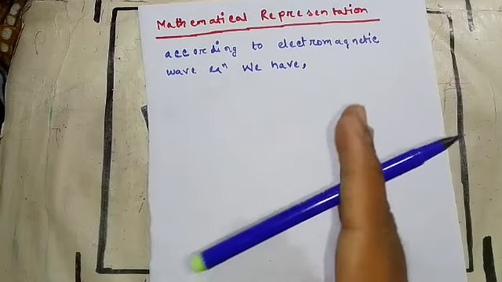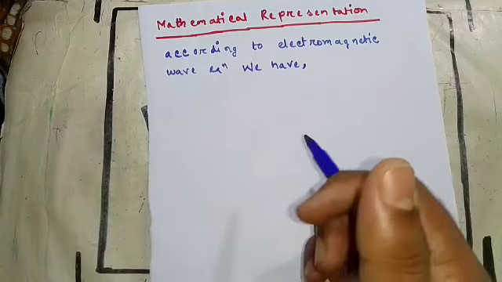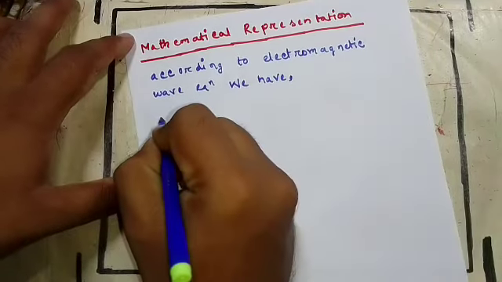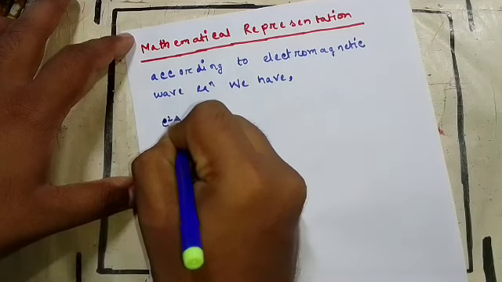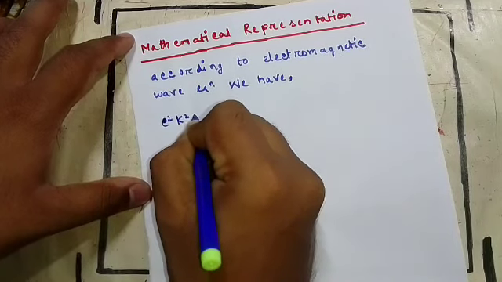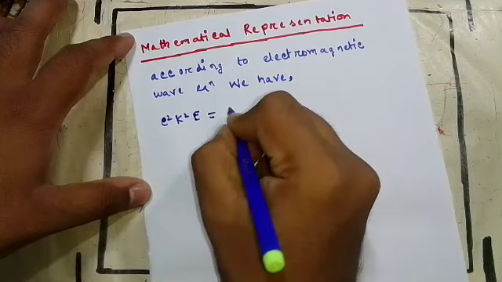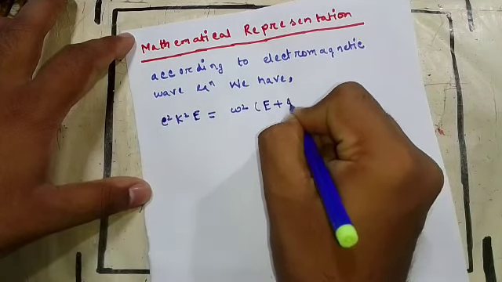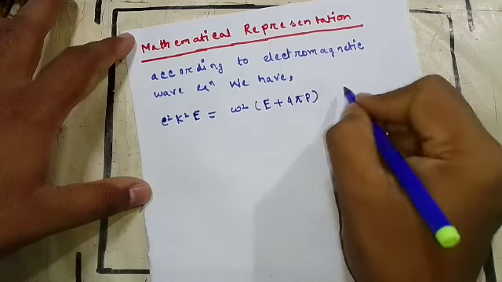These two equations I use. The first equation is the electromagnetic wave equation: c square k square E equals omega square E plus 4 pi P.